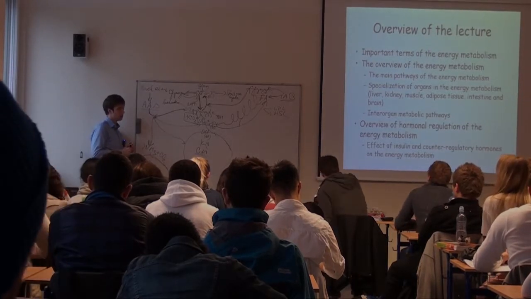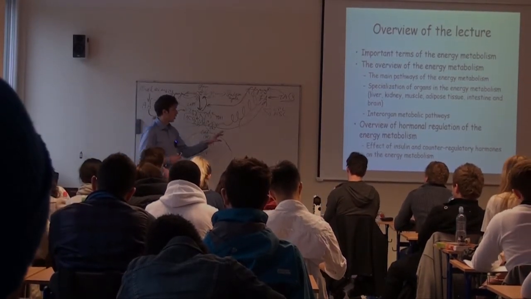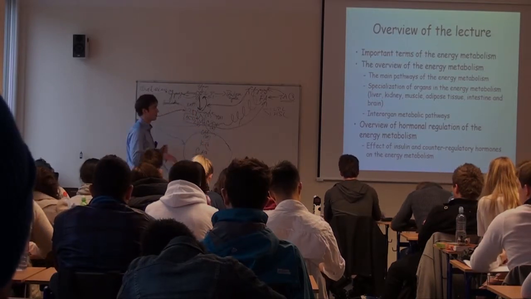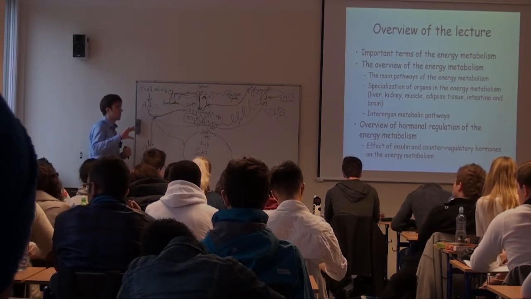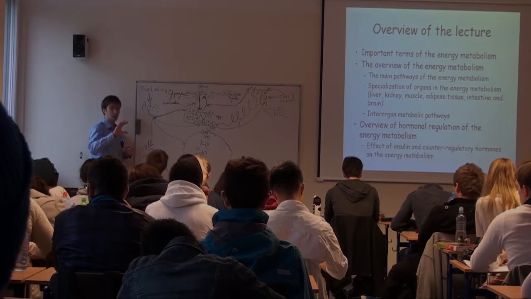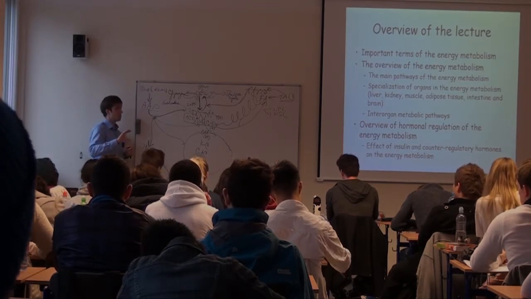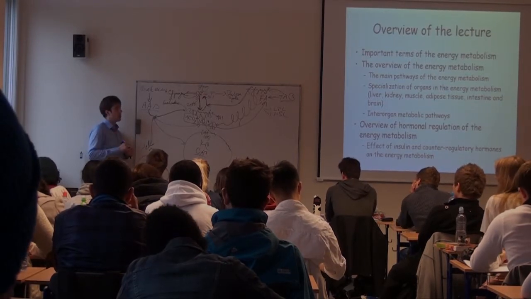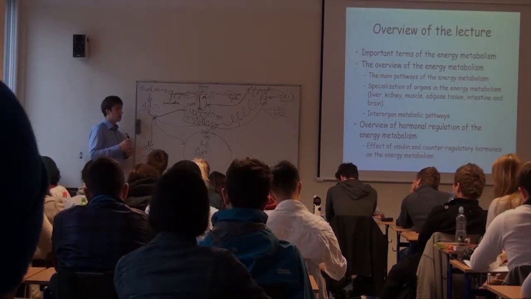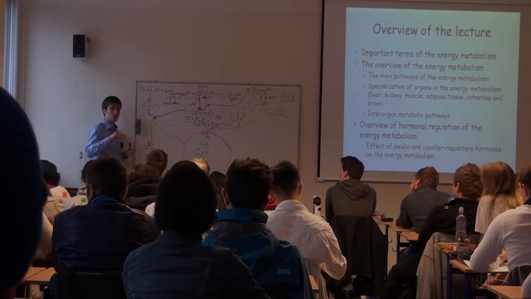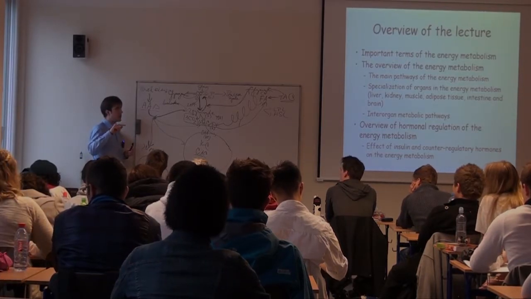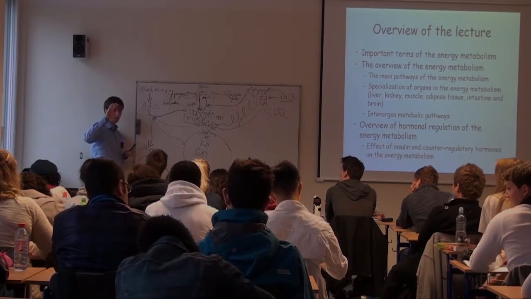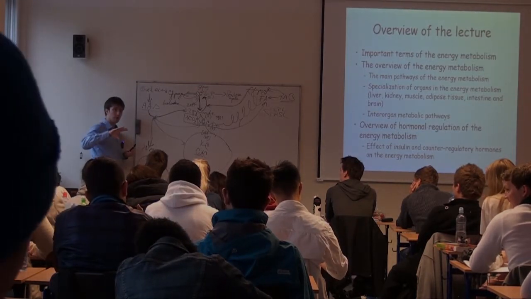If you look at what amino acids we eat, and then if you measure the amount of amino acids in your circulation, you will discover that it's absolutely different. Yes? And if you measure the same in the portal vein, that's the vein between intestine and liver, you will discover that it's also different.